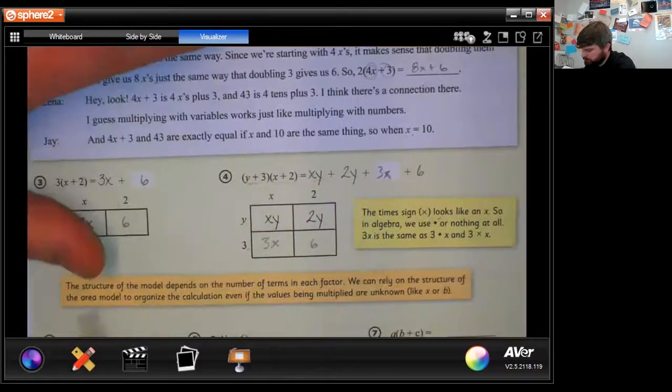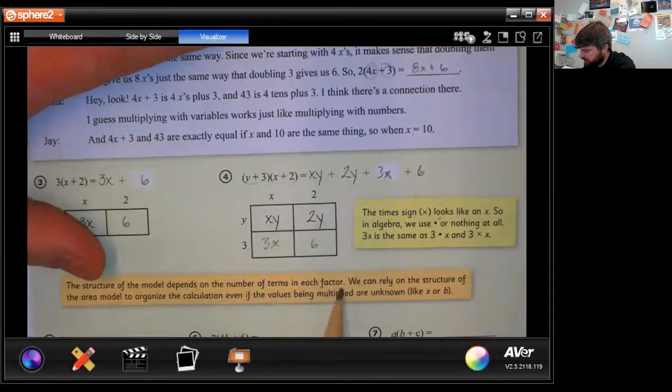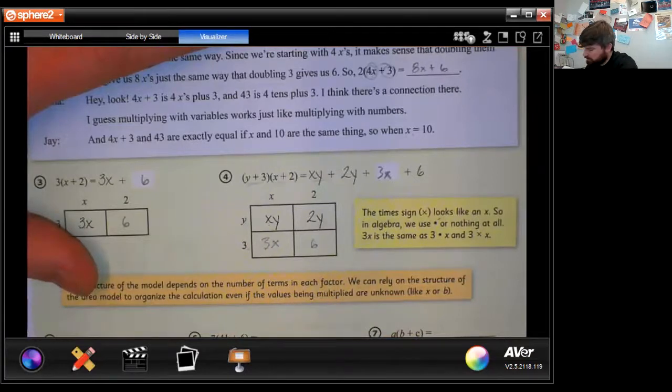The structure of the model depends on the number of terms in each factor. Okay, these things right here are called factors. We can rely on the structures of the area model to organize and calculate, even if the values being multiplied are unknown, like x or b.